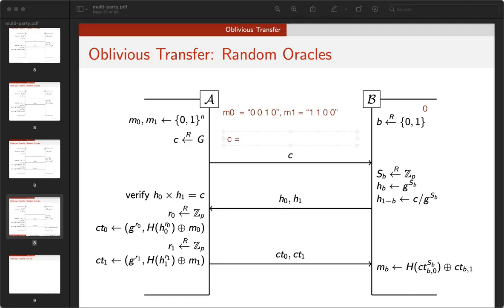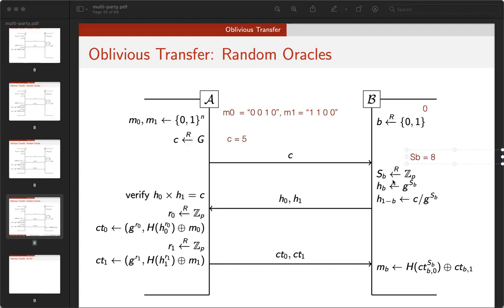C, someone give me a value for C, any number between 1 and 13. 5. C equals 5. So Bob has sampled 0. Alice has created her 2 messages and has sampled a random value 5. Then Bob samples another random value. Someone give me a random number between 1 and 13. Great, 8. So then Bob has grabbed 8.